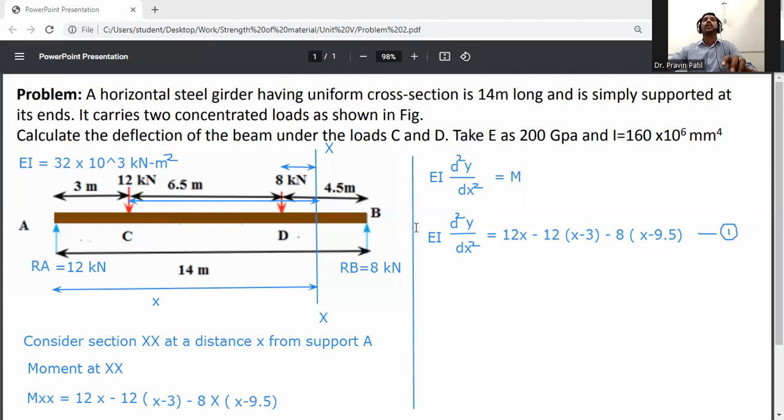So integrate the above equation with respect to x. EI d2y by dx square gives dy by dx.